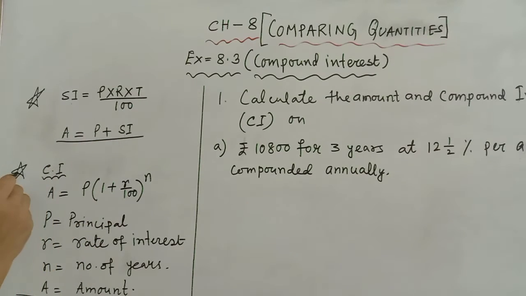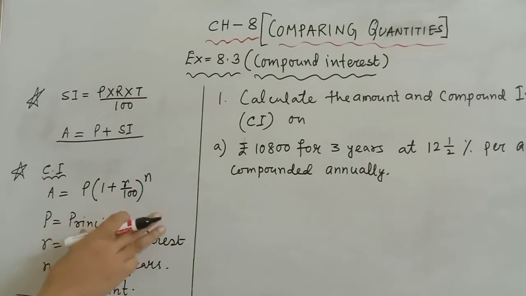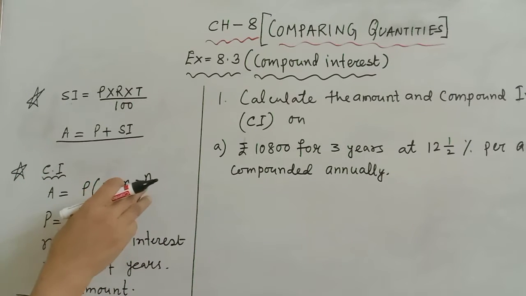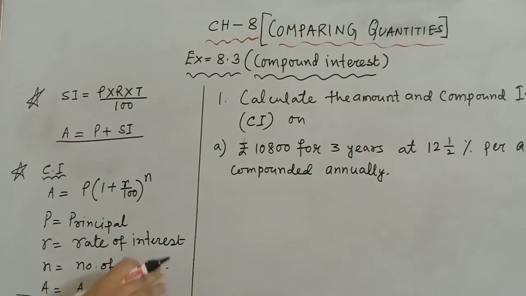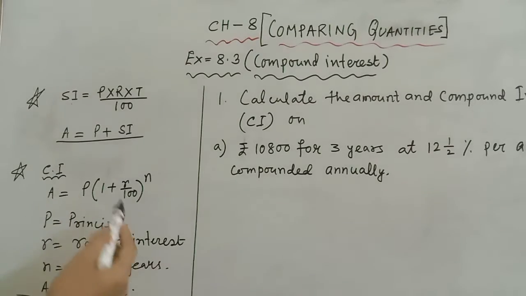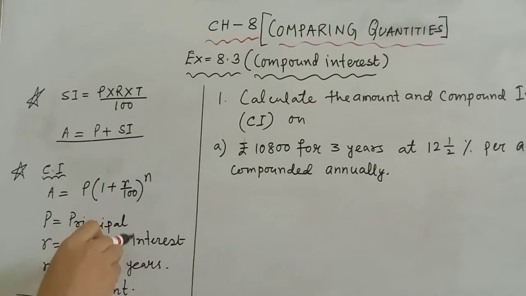Now we will learn a new topic which is compound interest. Students, when we are saving some money for a long period of time, this is known as fixed deposit. Here we are getting some extra interest, and how their money is increasing we will learn about it now.